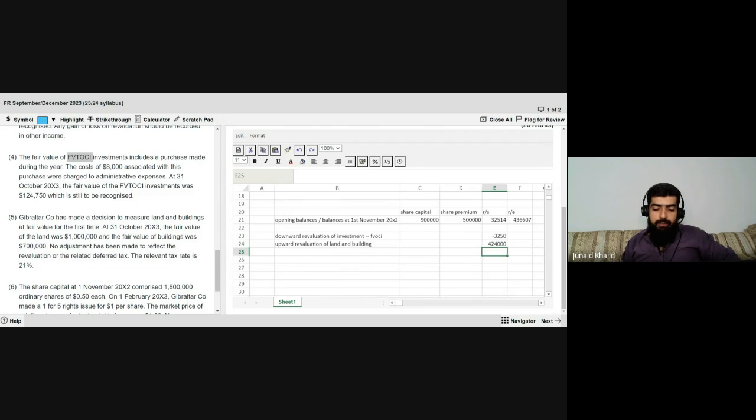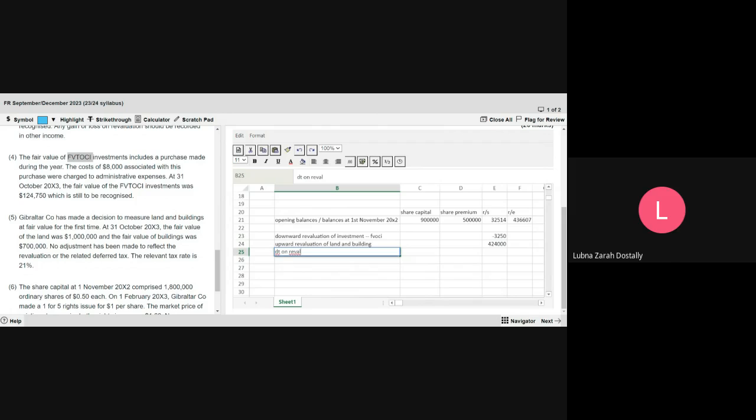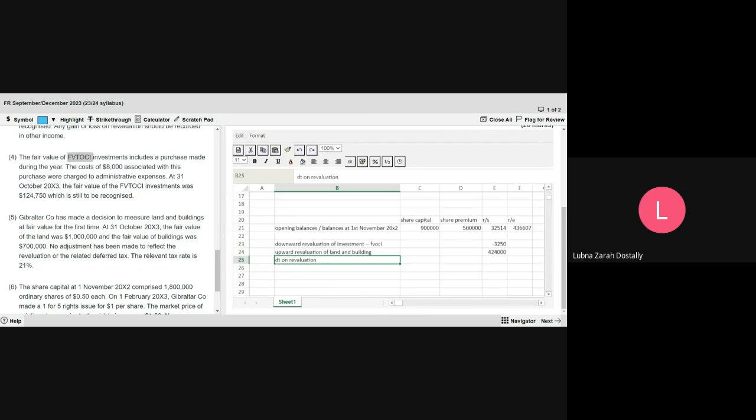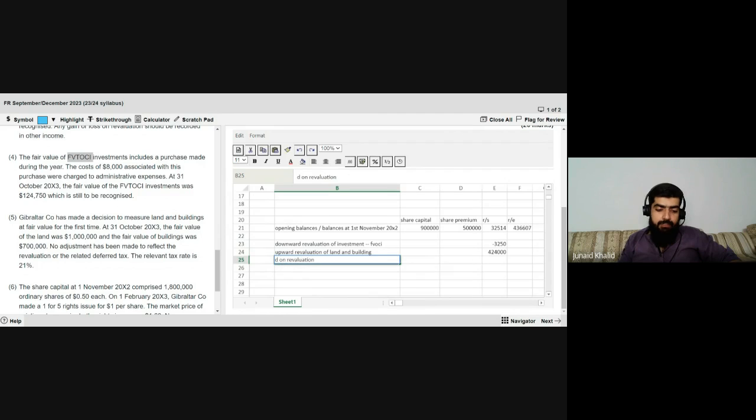We know that any deferred tax on the revaluation will be charged or debited to the revaluation surplus account. Am I right? The deferred tax on the revaluation should have been deducted from the revaluation.